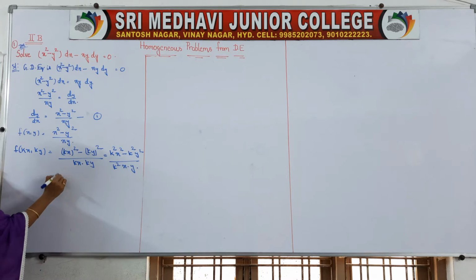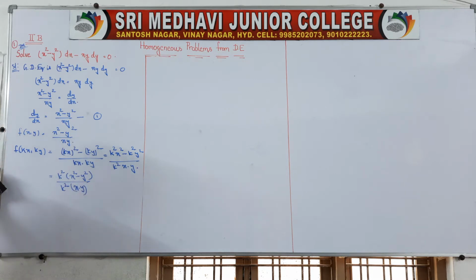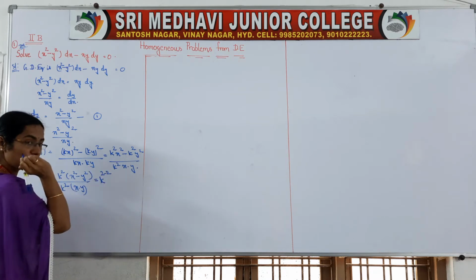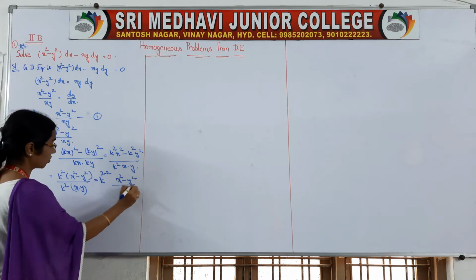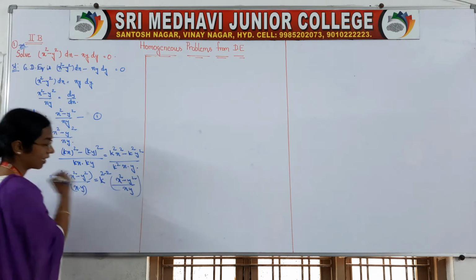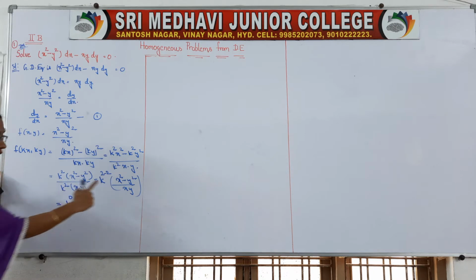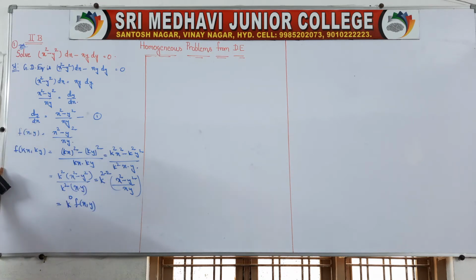With this you take k square outside: k square into x square minus y square by k square into x into y. So we can write this as k to the power of 2 minus 2 into x square minus y square by xy, which is k to the power of 0, and what is this? This is f of x comma y.